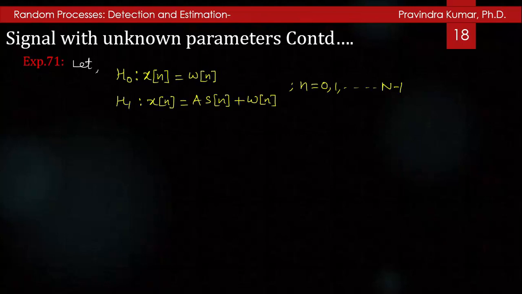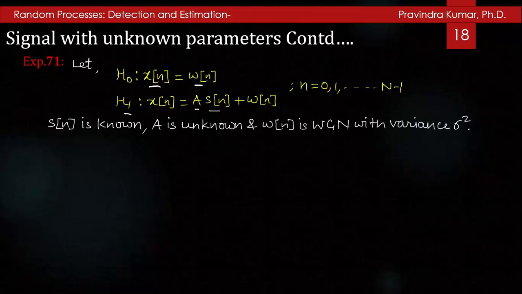There are two hypotheses. Hypothesis H0 is x[n] equal to w[n], meaning under hypothesis H0 we only have the noise, and under hypothesis H1 we have the signal A s[n] plus w[n], where s[n] is known, amplitude A is unknown, and w[n] is white Gaussian noise with mean 0 and variance sigma square.